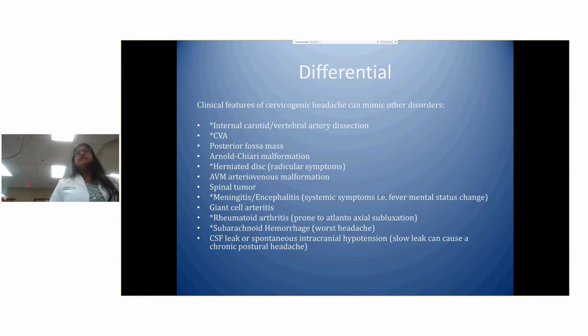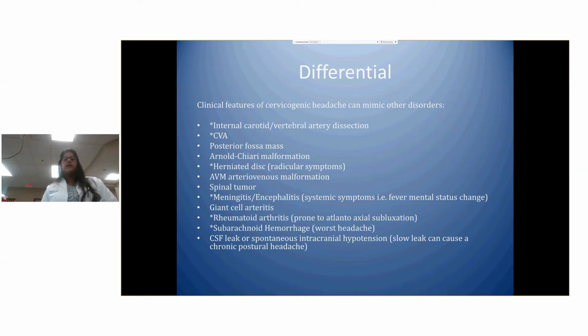Herniated disc, which can cause radicular symptoms into the arm. AV malformation, spinal tumor, meningitis or encephalitis. These can include systemic symptoms, especially fever and mental status change. Giant cell arteritis, sometimes with facial pain. Some people have visual complaints also with that diagnosis.